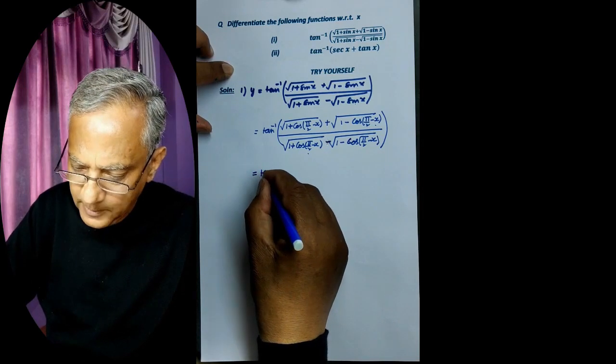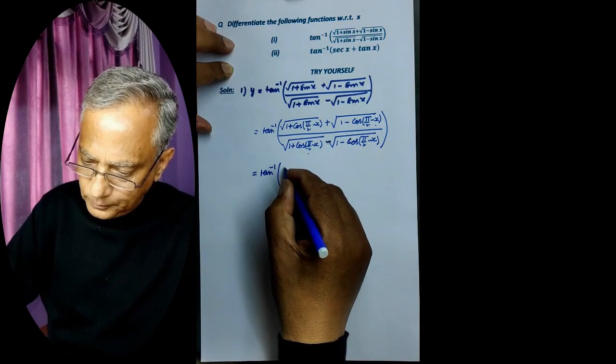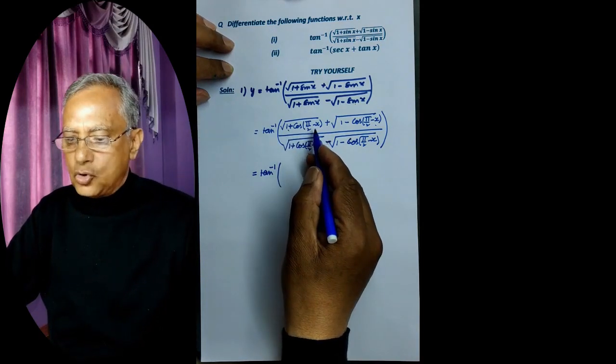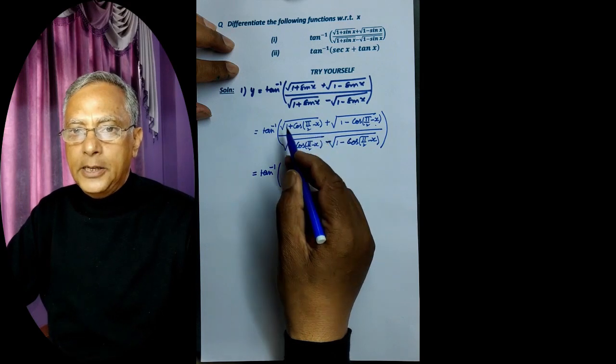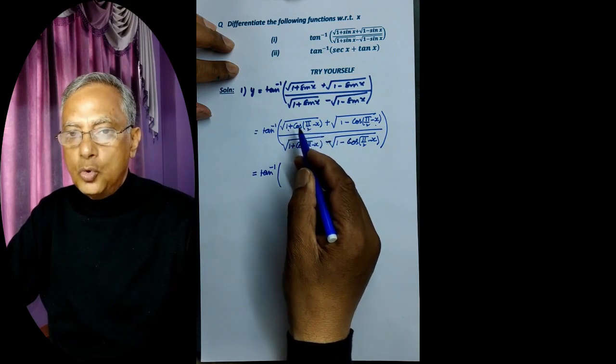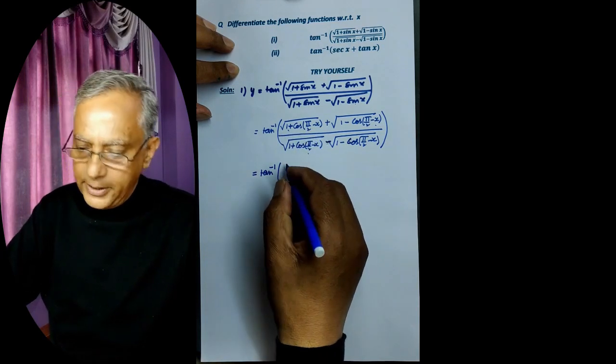So this is equal to tan inverse of, now 1 plus cos theta. 1 plus cos theta is 2 cos square theta by 2. 1 plus cos 2 theta is 2 cos square theta. So 1 plus cos theta will be 2 cos square theta by 2.